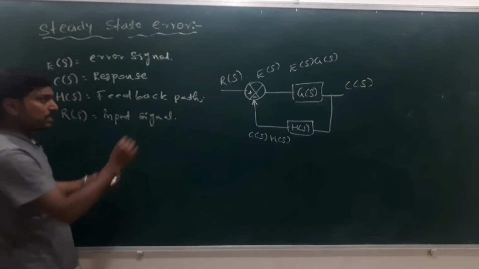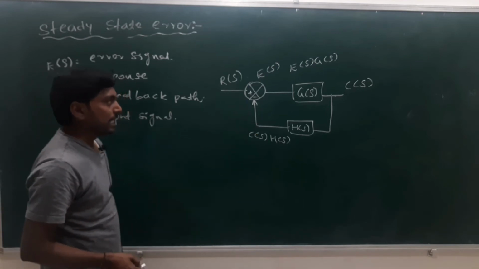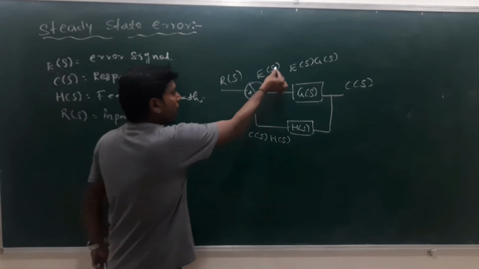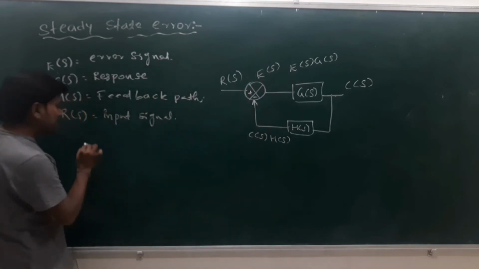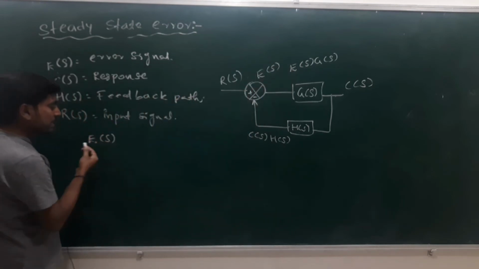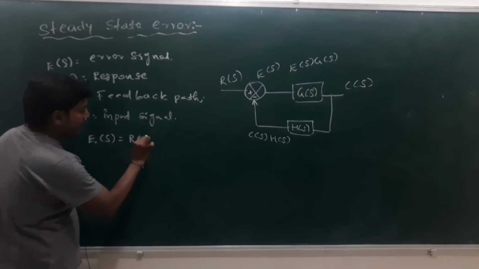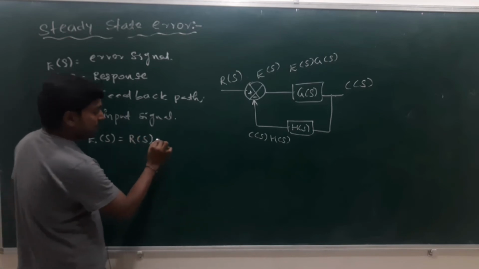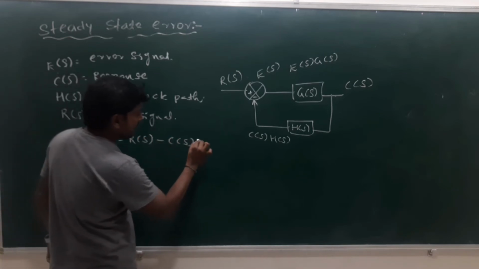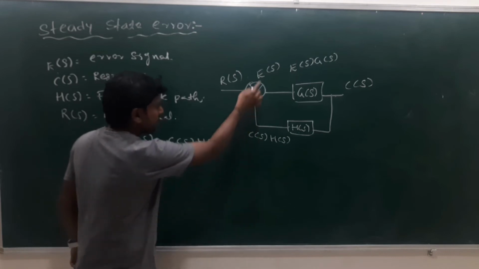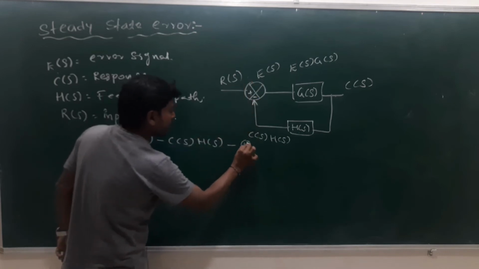By using this diagram, E(s) is equal to R(s) minus C(s) into H(s). This is equation number 1.